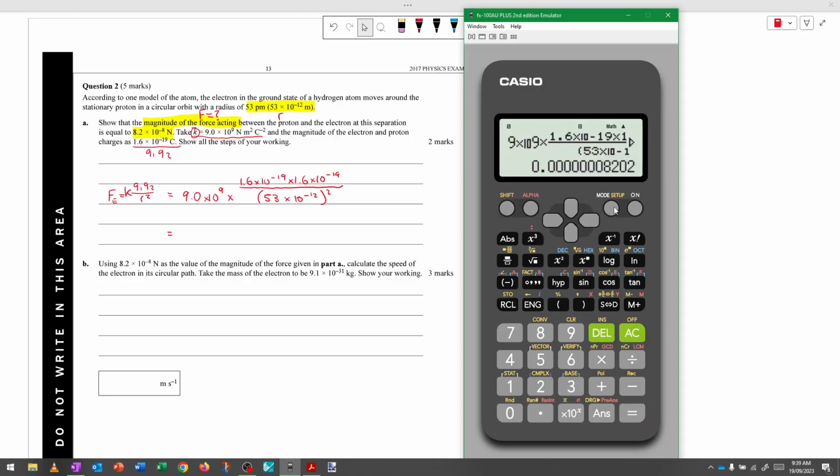Nope, try it again. 8, 1. There we go. Okay, so if we go Shift Setup 8 and 1, it gets rid of all those annoying zeros and puts it into scientific notation for you. Okay, so the answer is 8.2 times 10 to the negative 8.